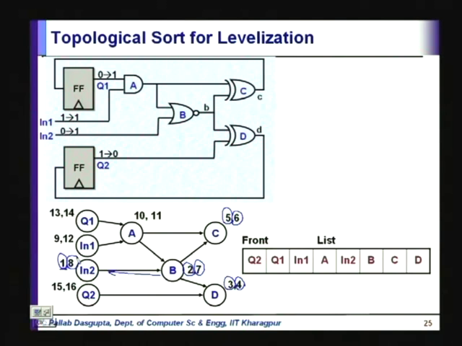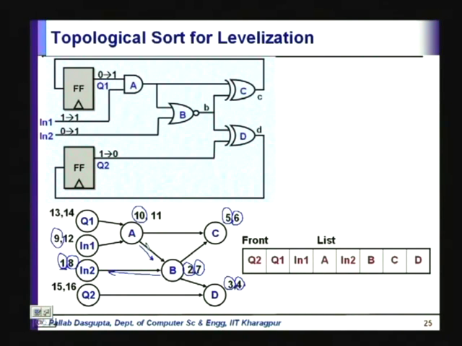Next, we again start from any other node which is not yet visited and which has in-degree 0 or no incoming edges. So, let us say that we start with IN1. So, IN1 gets the entry level as 9, then from there we go to A, which gets the entry level of 10. From A, when we go to B, we find that B is already visited.